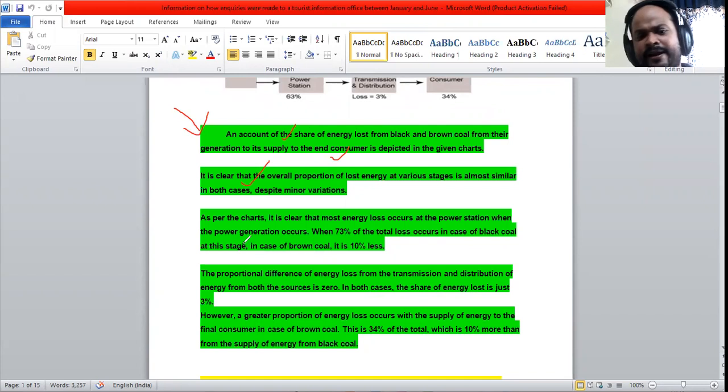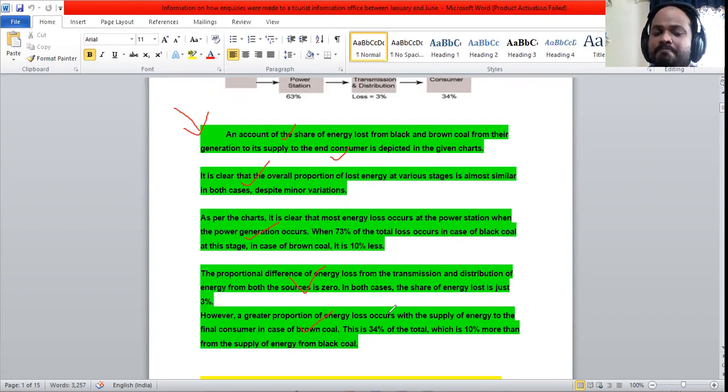The first paragraph I've said about the first stage, what's happening in the power station, where the most energy is lost. The second paragraph I've said transmission and distribution, where there is no change. The third paragraph I've said when it reaches the consumer.